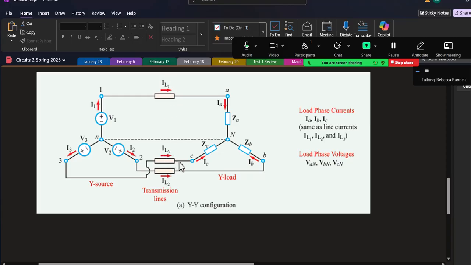And when I say phase, I'm usually talking about voltages and currents across the impedances. But you need to be careful because not everybody is consistent with that. So you should say whether you're talking about the source or the load.